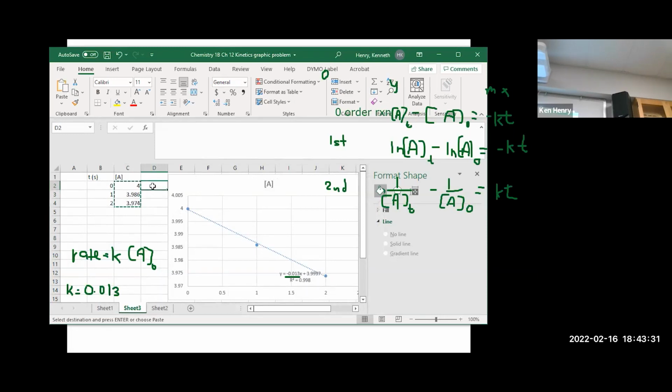Okay. Well, what we'll do is take the log of this, because it's the natural log of it. So it's ln of the concentration of A. So equals ln of this value.